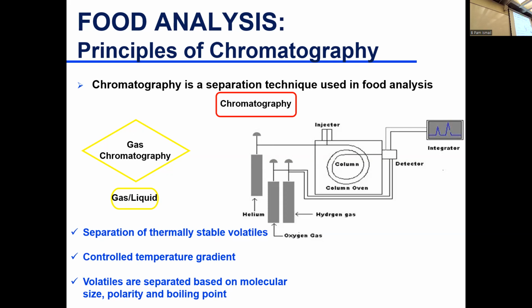So the separation is based on the thermal stability of volatiles. So when you generate the fatty acids, you want to methylate them so that they are thermally stable and can become volatile. If they are not thermally stable, they're going to degrade at high temperature. If they cannot volatilize at the temperature that you can put the oven to, then they won't evaporate, they won't be carried in the gas state, and then they cannot be detected.